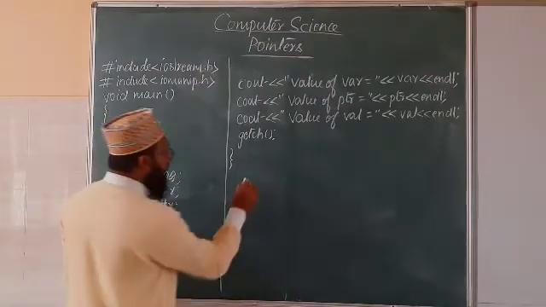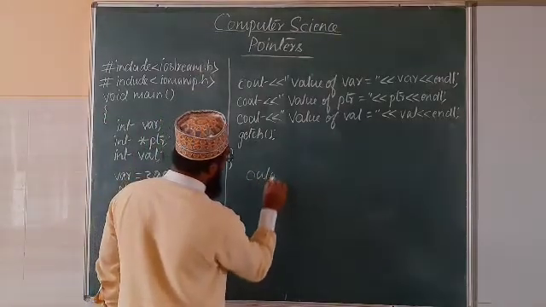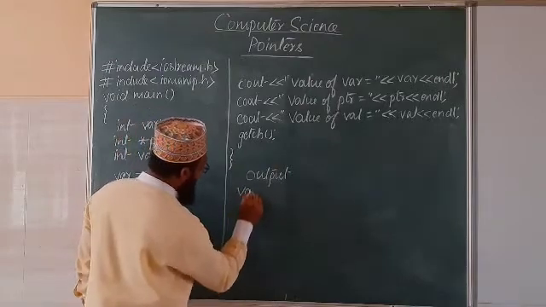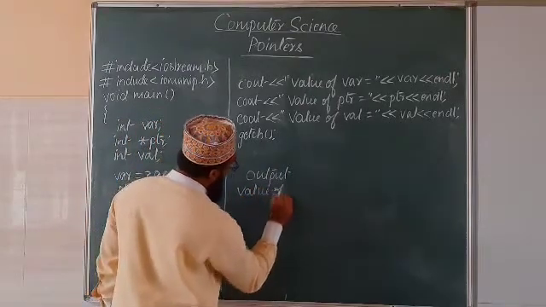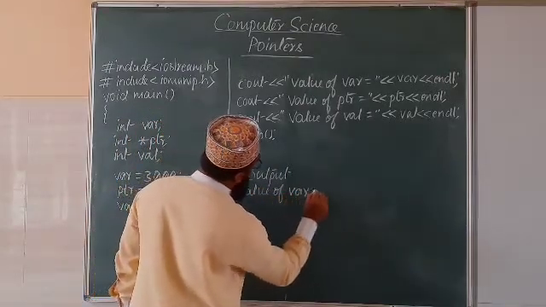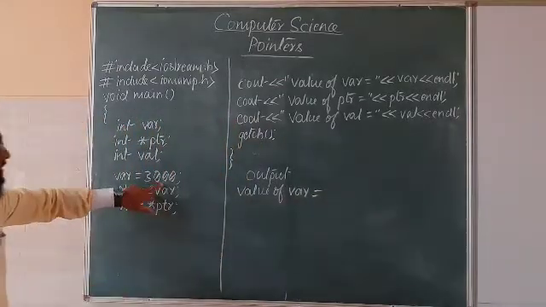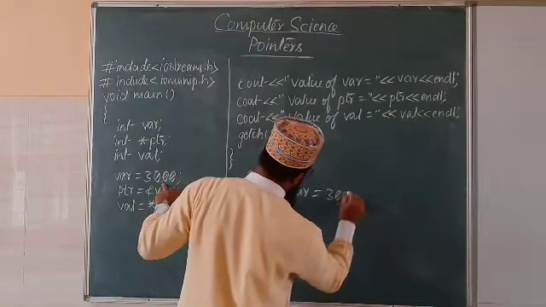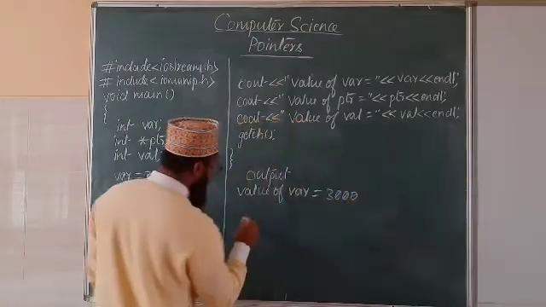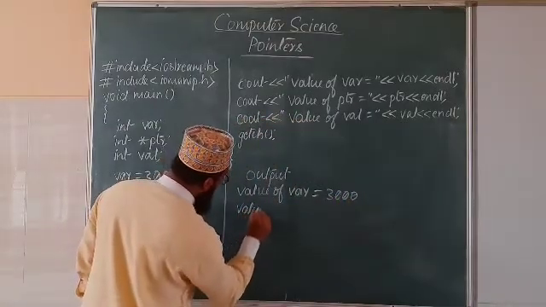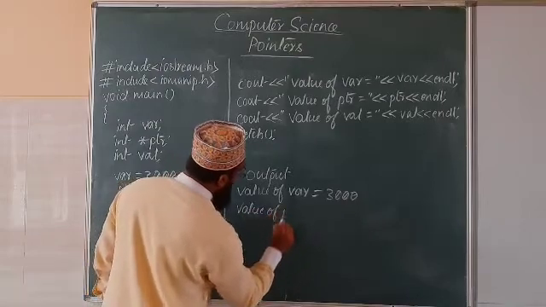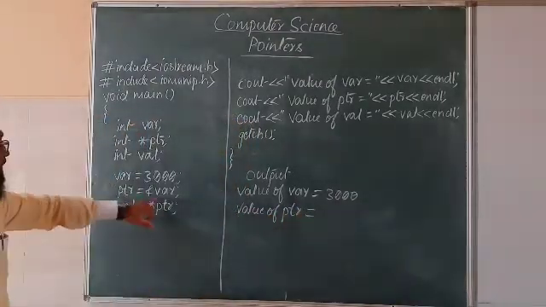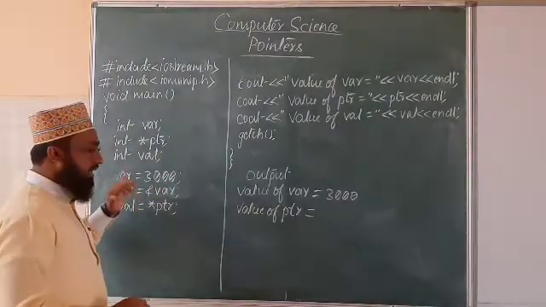And now write the output of this program. Value of var, which is equal to, we have already given the value. What is the value? That is 3000. It will print the same value here. Then value of ptr. Value of ptr means it will print the address of var.